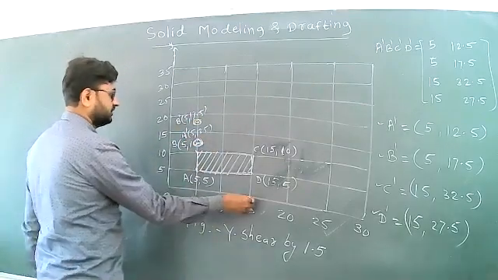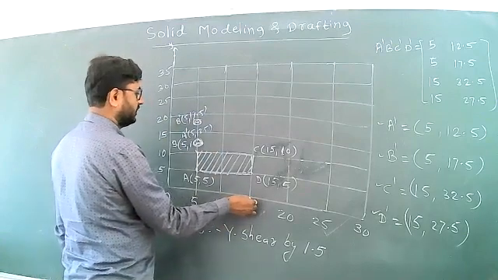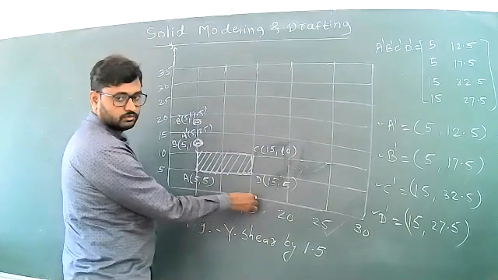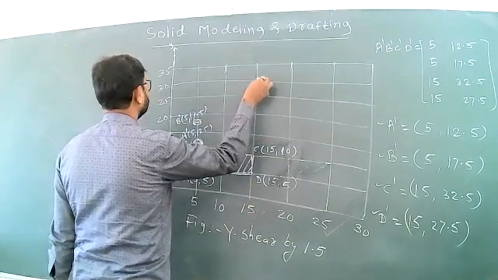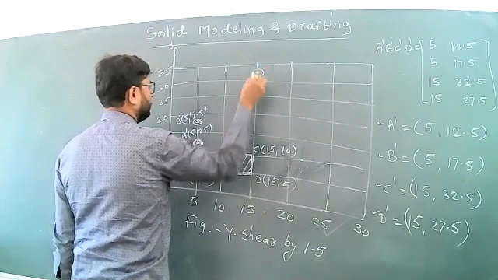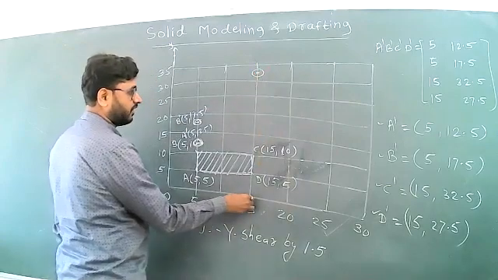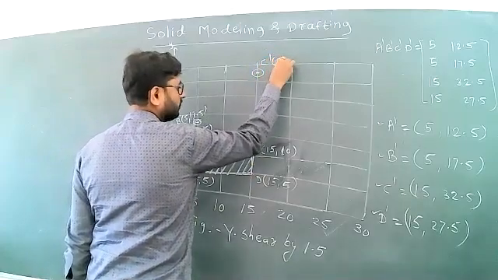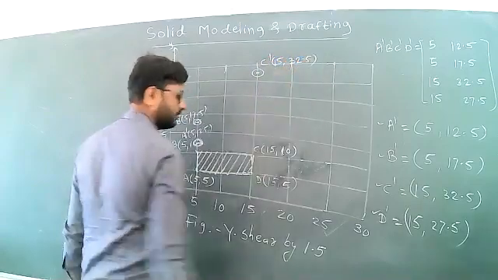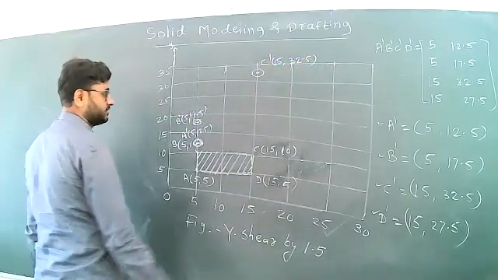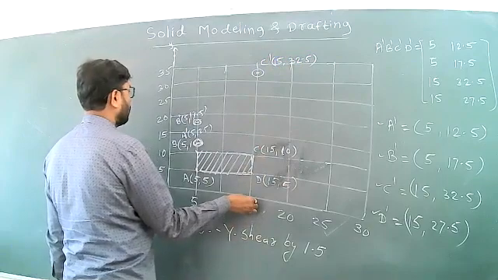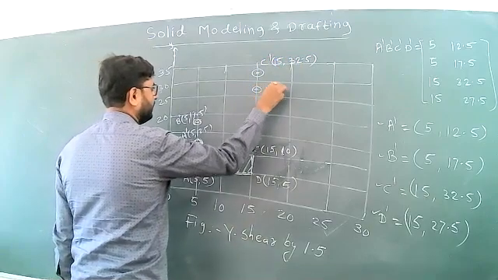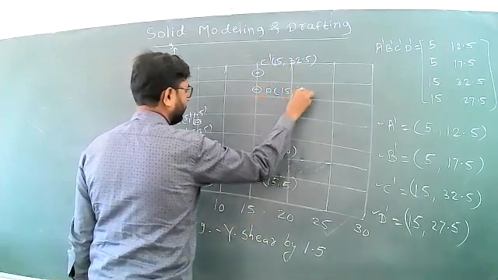C dash: x is 15 and y is 32.5. D dash: x is 15 and y is 27.5.